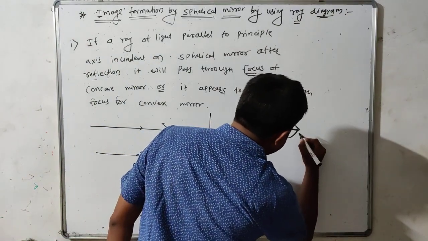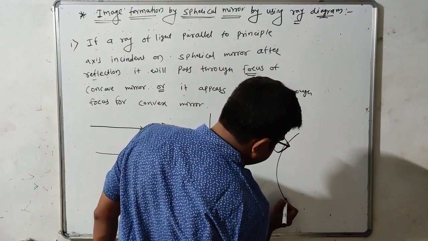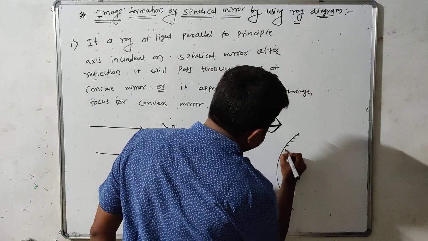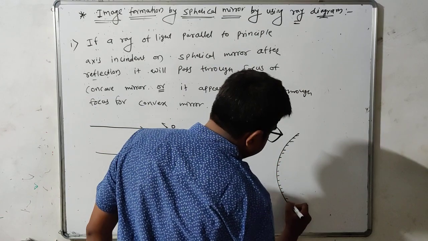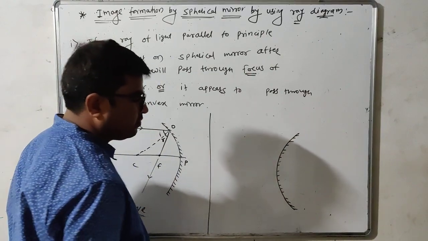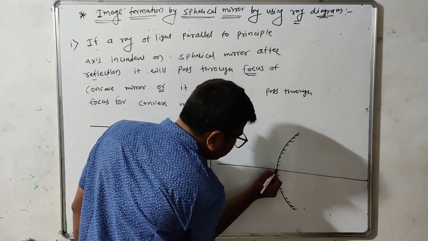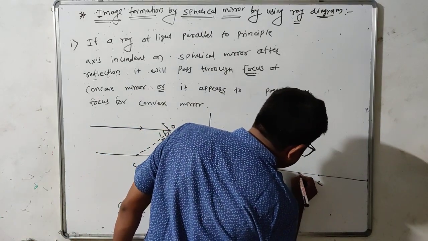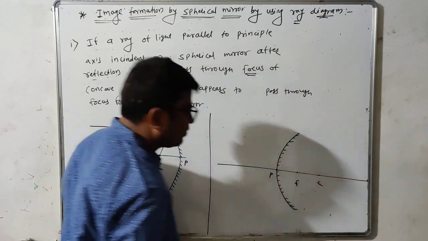For that, we again take a spherical surface, but now its inner surface is silver polished, so that its outer surface becomes reflecting, like this. This is the principal axis, this is the pole, this is the center of curvature, and this will be the position of its focus.